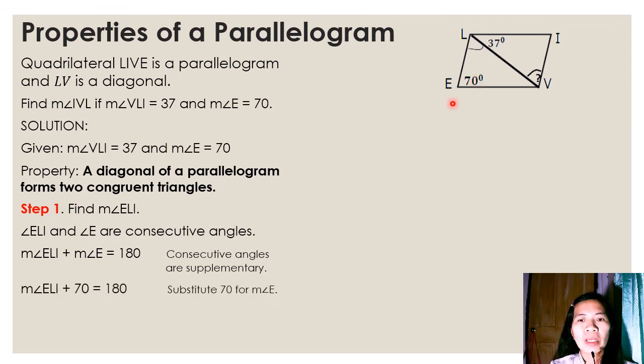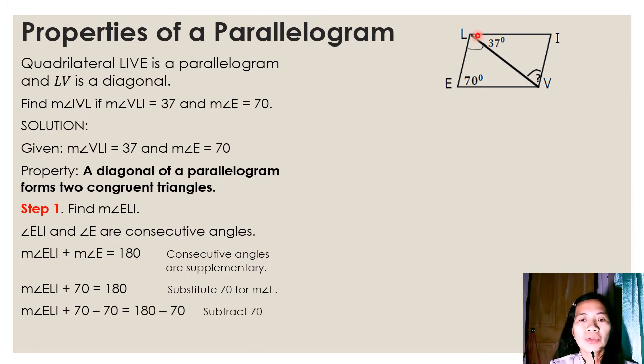So measure of angle ELI plus 70 is equal to 180 degrees. We don't know this one yet, so we will use this property.